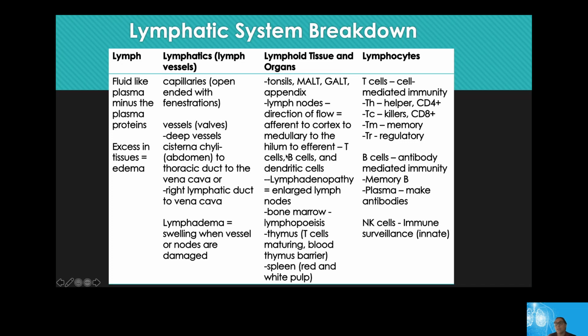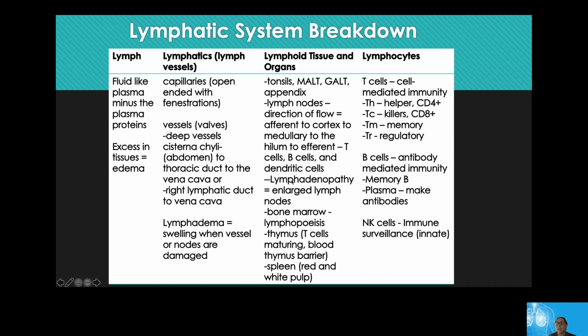As the fluid drains from one side of the node, it'll leave out the medullary portion and go towards the efferent ductules, leaving the hilum and exiting on those efferent ductules. Of course, these are really great filters in the body. So if by chance these filters get clogged up, maybe a pathogen is in the lymph and is trapped here, this can lead to an enlarged lymph node, a condition known as lymphadenopathy.